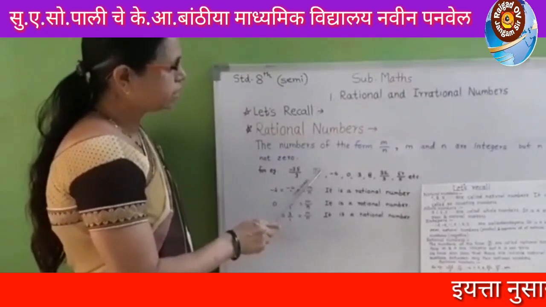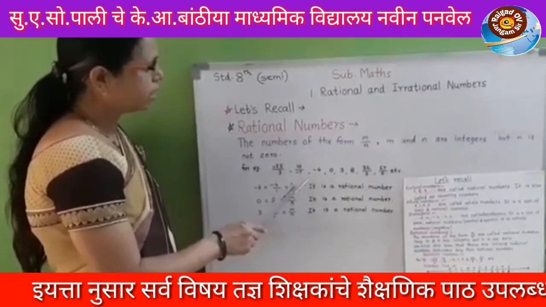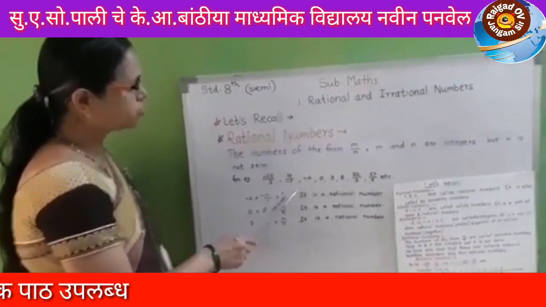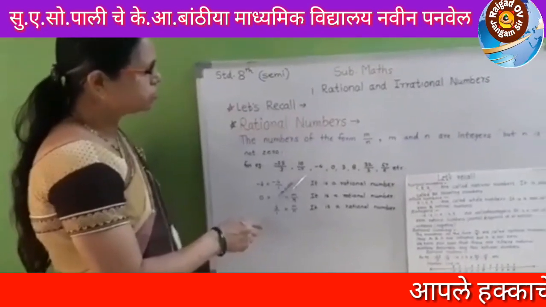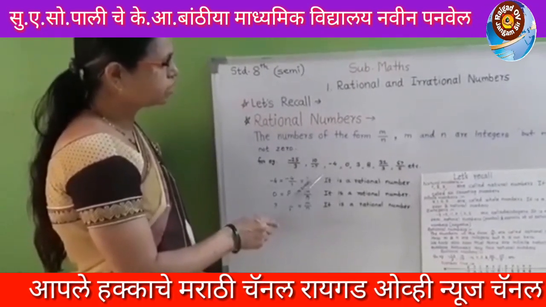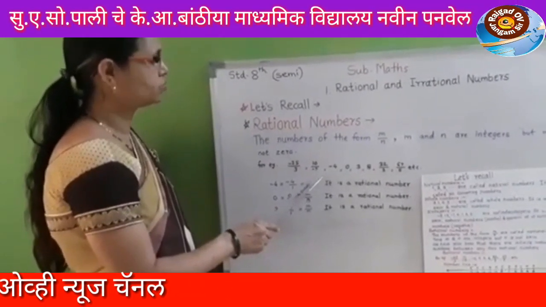Here 10 and -7 are integers and denominator is not equal to 0 and here is negative sign. Therefore 10 by -7 is a negative rational number.